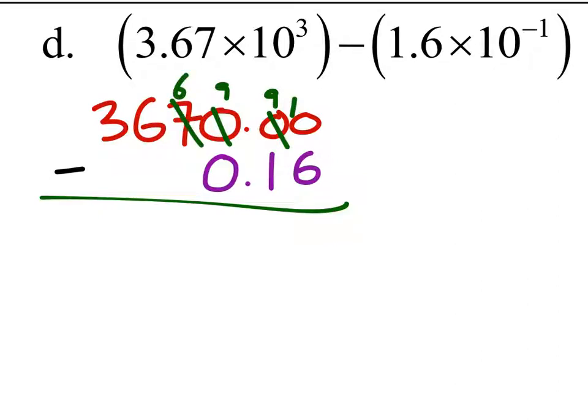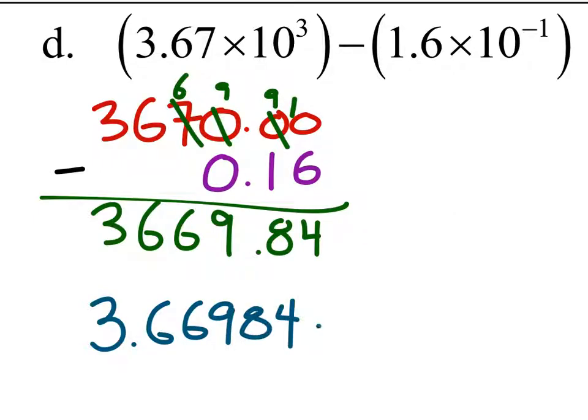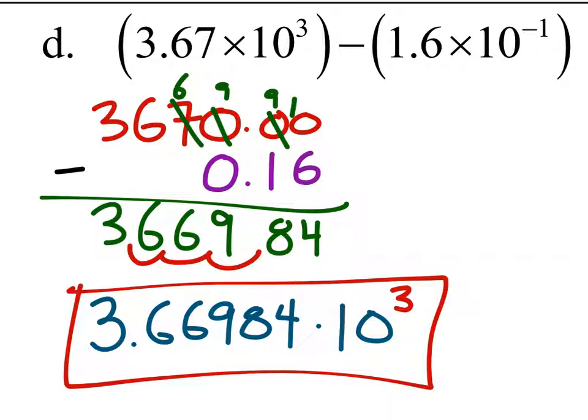And I got 10 minus the 6, which is 4. 9 minus 1 is 8. 9 minus 0 is 9. 3,669.84. But this in scientific notation would be 3.66984 times 10 to the power, and we moved it 1, 2, 3 times, to the power 3. Nailed it.